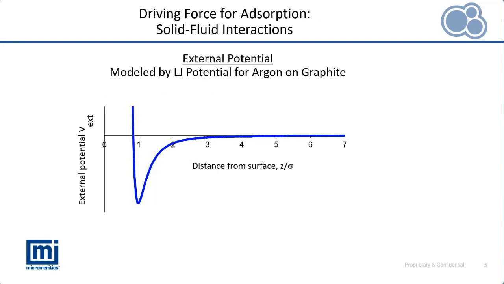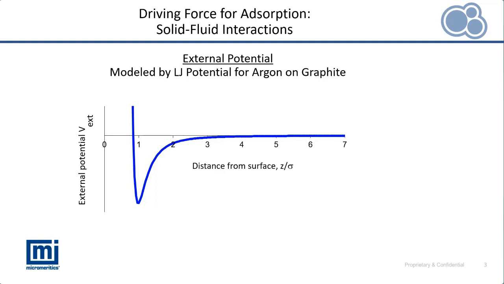From the molecular view of adsorption, we understand that the gas molecules adsorb on the solid surface because the interaction between gas and solid is stronger than the interaction between gas molecules. The presented gas-solid potential was obtained for argon interacting with the surface of graphite.